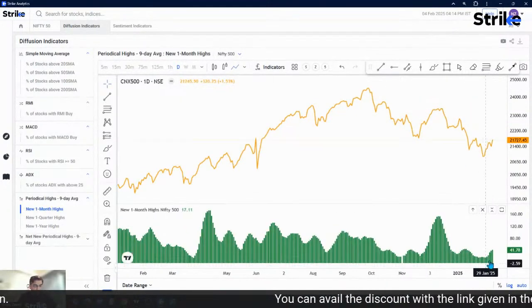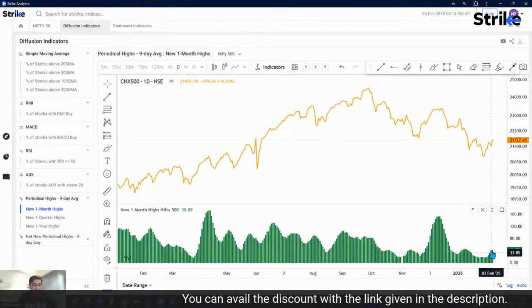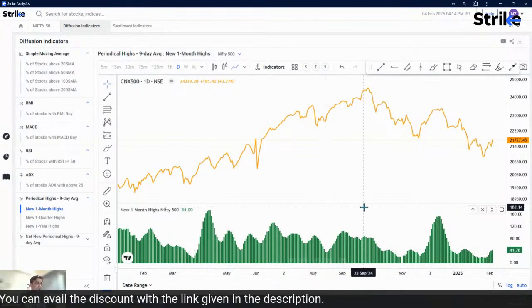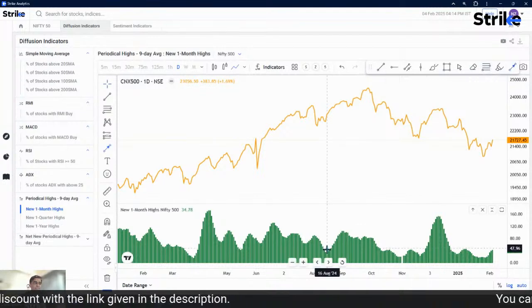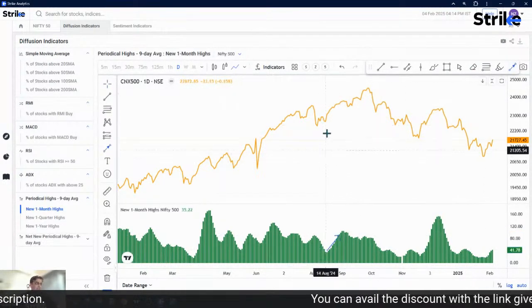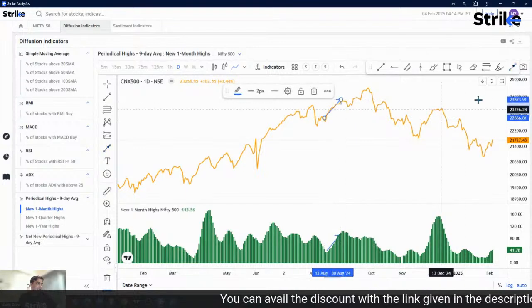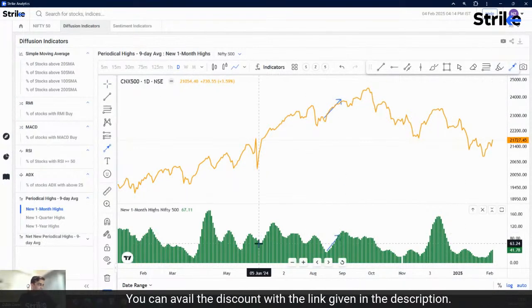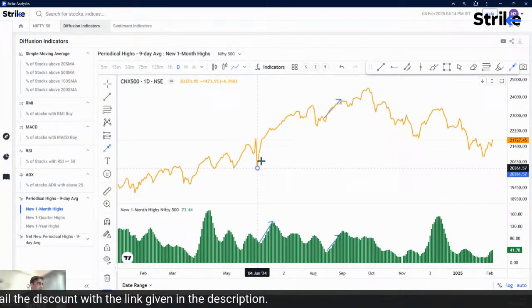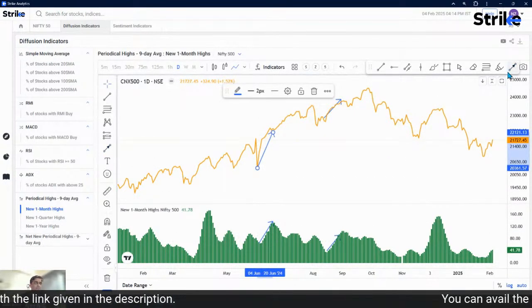So right now this particular indicator has started increasing up here, which is giving you a bullish signal. Since it is growing up over here, you can see that from that level, the market did go up. Have a look at this. Yes, the market did go up.